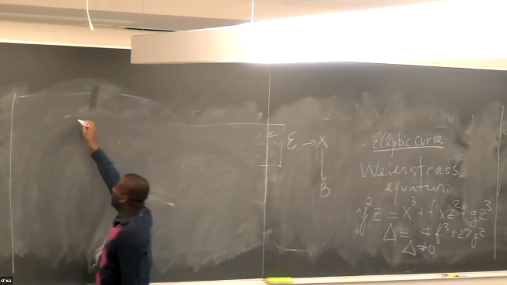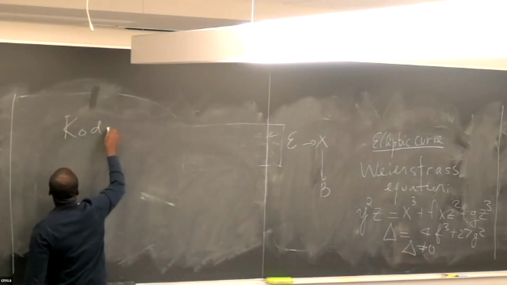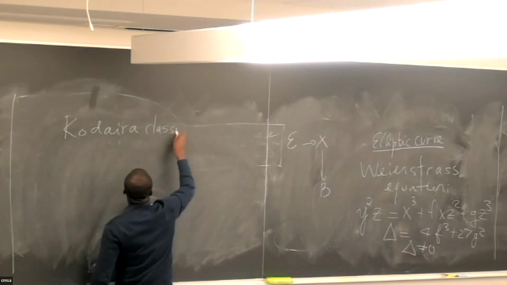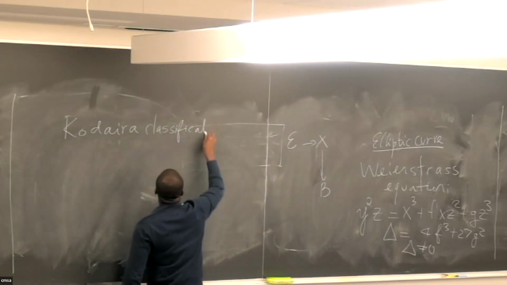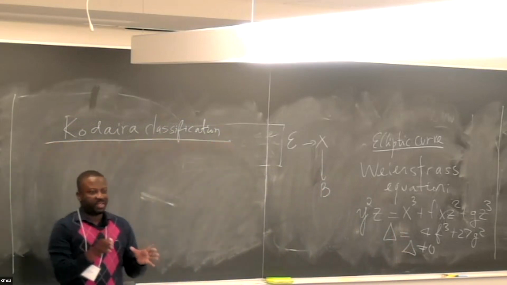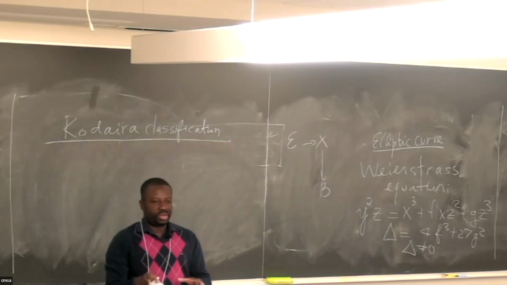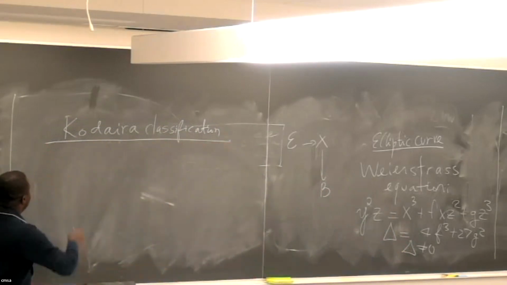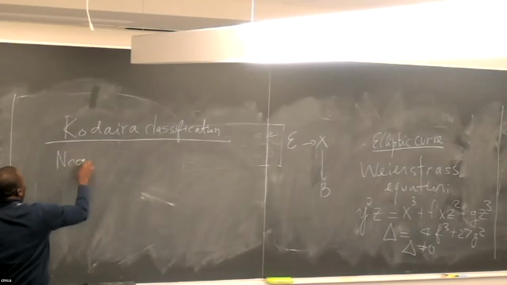And so you have this classification, which gives actually a finite set of singularities that you see on elliptic surfaces, and some of them are just those that we have studied before.